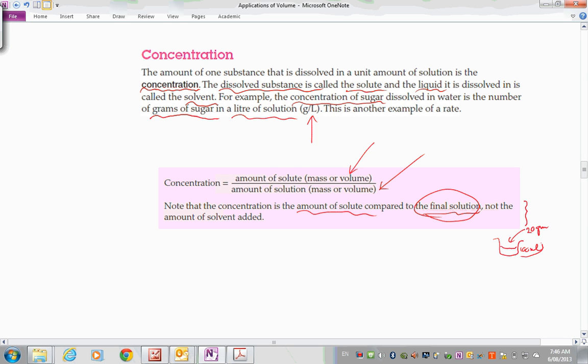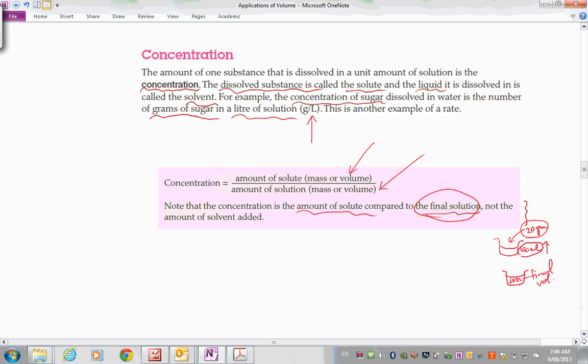This 100 mils is going to increase in volume. So at the end of it, we are going to have more than 100 mils, aren't we? It depends on the substance here. Could be up to 120. 1 gram of water occupies 1 millilitre, so it would go up 20, but it could be some other substance, so you need to measure the final volume of this to get the final concentration.